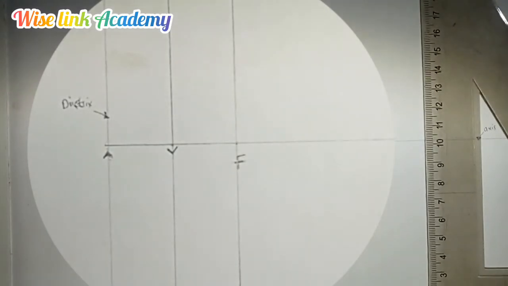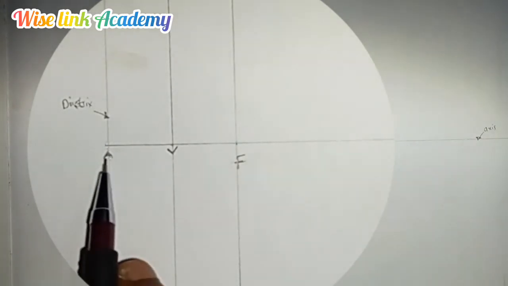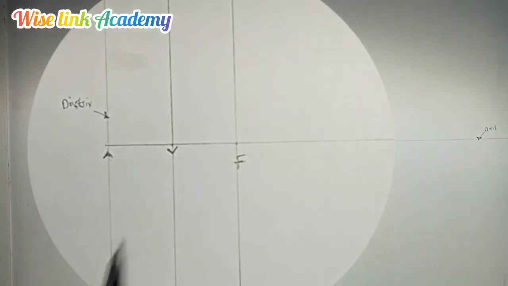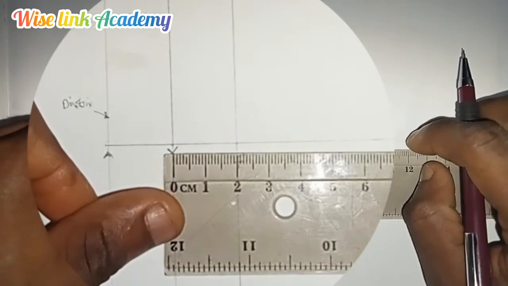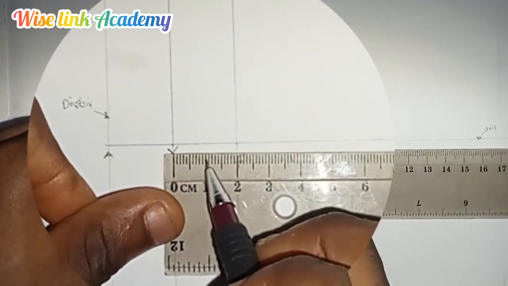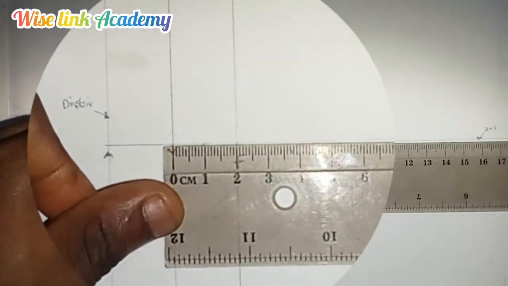You can see that after you have drawn this, the next thing to do is to what? You know that as we did, from here to here is half of it. The next thing to do is from here to here, let's get the half. The half will be 1 centimeter, because here to here is 2. Automatically, here to this place will be 1 centimeter. So measure 1 centimeter at this point, because we said parabola is 1.